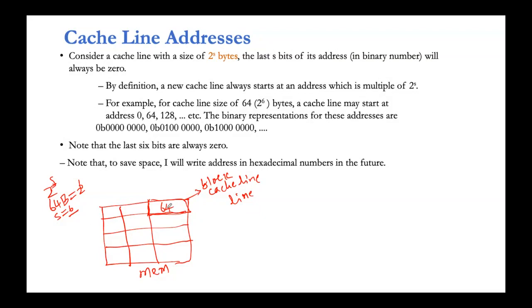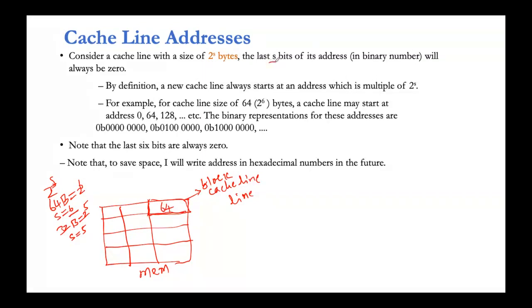If the cache line size is 32 bytes, then it can be written as 2 to the power of 5. In that case, s is equal to 5. So consider a cache line with any size written as 2 to the power of s bytes.